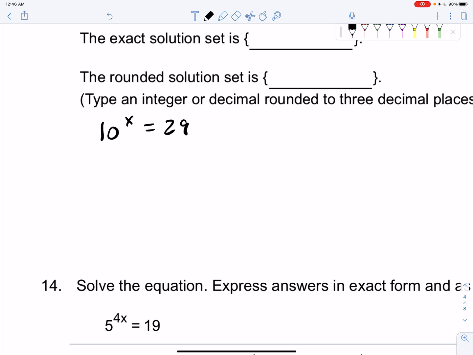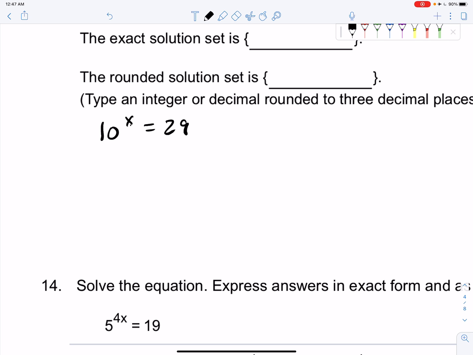If you're thinking about this, well, 10 to the first power is 10. 10 to the second power is 100. Ooh, okay, the answer must be between 1 and 2 and probably closer to 1. So I'm trying to figure out what value of x will get me 29. It's not 1, which is 10, and 10 to the second is 100, not that. It looks like it's a lot closer to 10, so it must be close to 1.